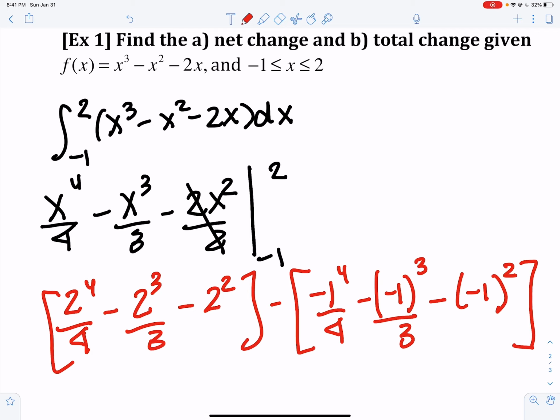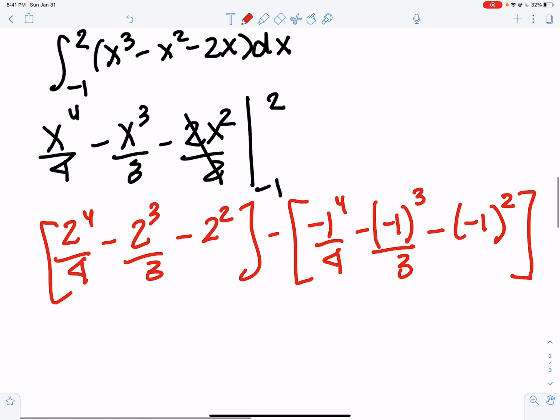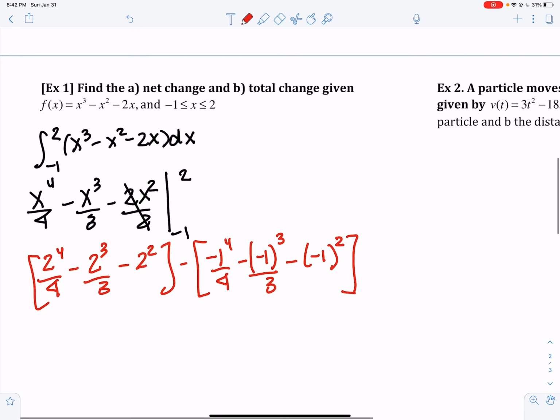You don't have to simplify that. You can leave it as this as long as you plug in everything. Once you plug in, you don't have to do arithmetic. You do have to evaluate, but you don't have to do arithmetic. Okay, not too bad. Net change, not much to do.